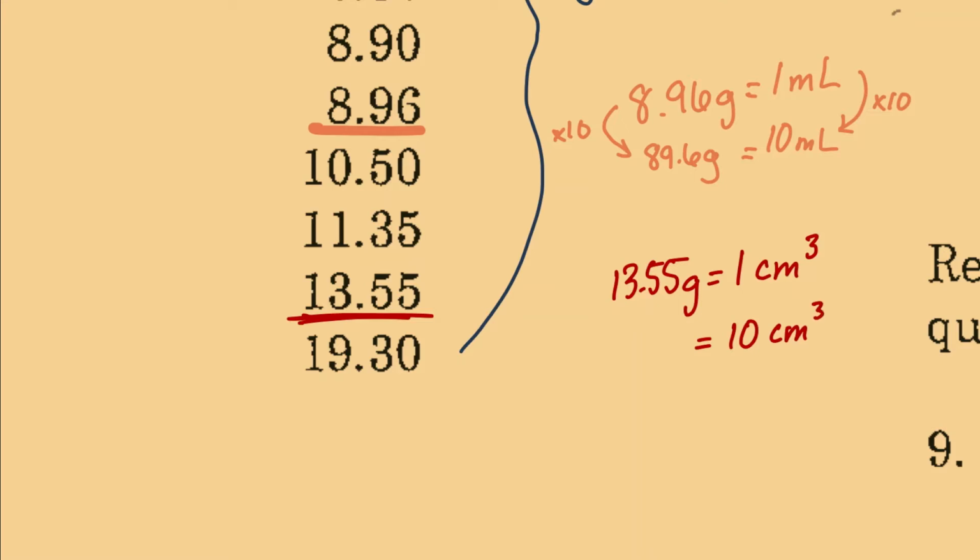That way I can make my graphing job a lot easier. Again, we have 10 times as many cubic centimeters, which means that we should also have 10 times as many grams. 13.55 times 10 gives me 135.5.